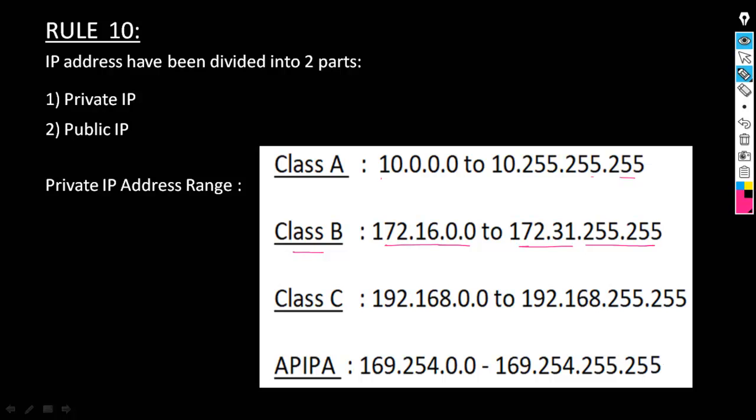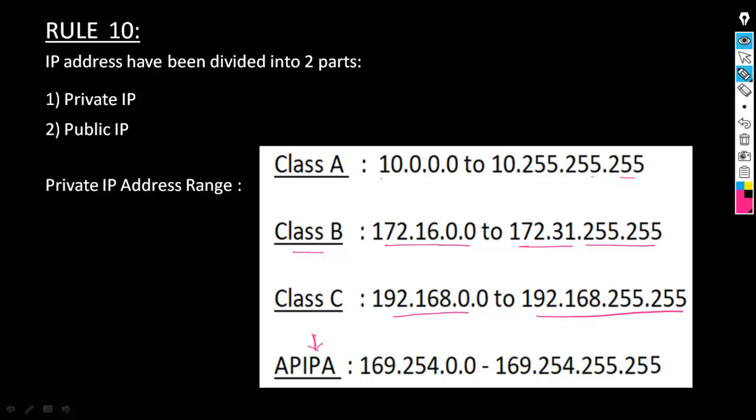And for class C, our range is between 192.168.0.0 to 192.168.255.255. And this is the range for APIPA: the APIPA range is from 169.254.0.0 to 169.254.255.255.